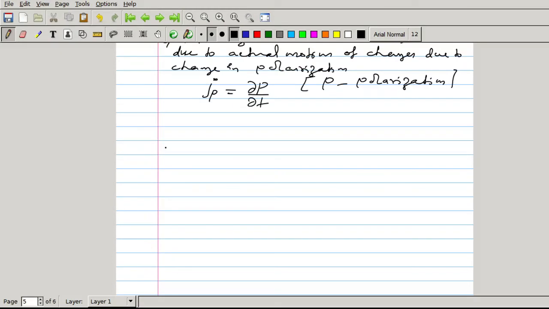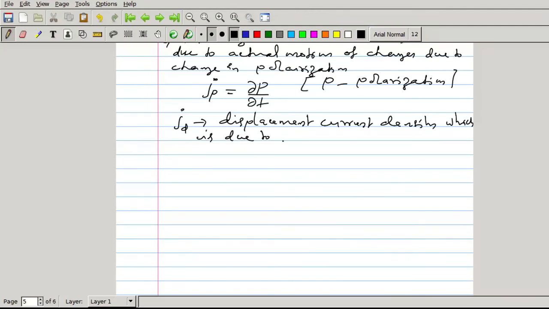So the last term is J_D. J_D is the displacement current density, which is due to the change in electric field.